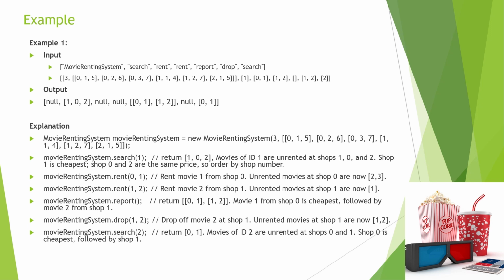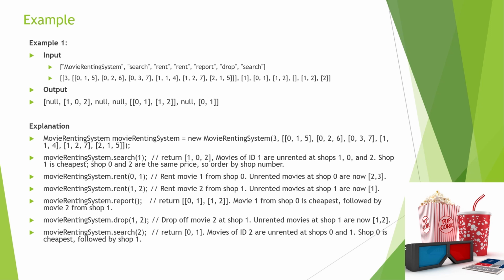Then the next input is rent 0, 1, which means someone has bought movie 1 from shop 0. Third is rent, and input is 1, 2, which means someone has bought movie 2 from shop 1.